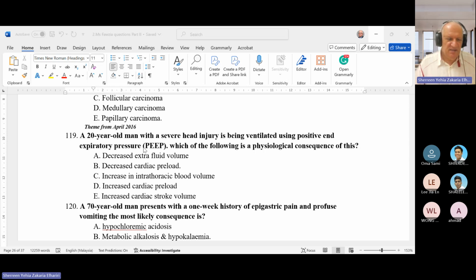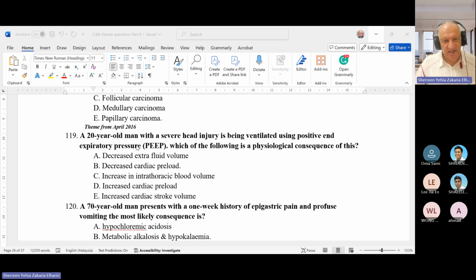expiratory pressure. It is important to know that the PEEP system can increase the pressure, become positive, and that affects the venous return. With the following physiological consequence for that. So again, this is PEEP system. So what happened to this patient? Decrease, of course, preload.